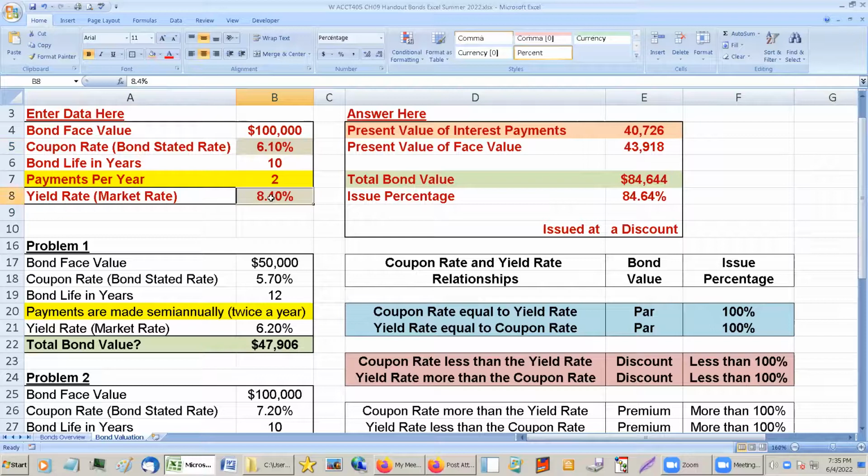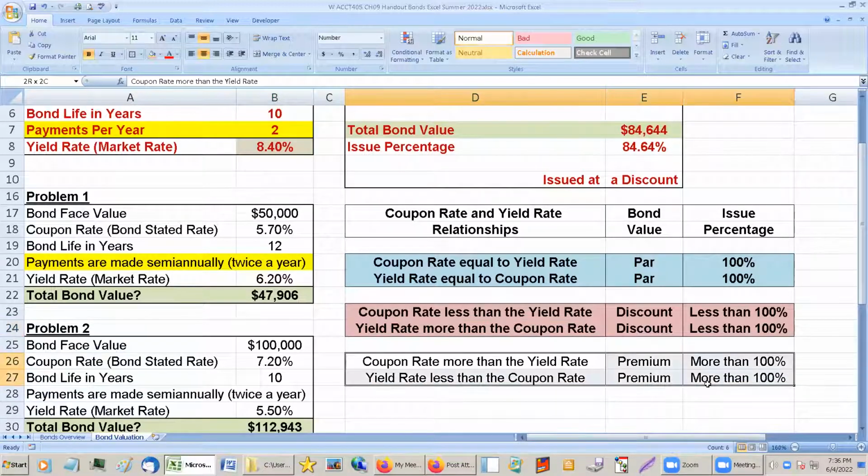So if the coupon rate is less than the yield rate, it'll be a discount. Here it is said the exact same thing said differently. If the yield rate is more than the coupon rate, it'll be a discount. So these two are actually exactly the same thing. A coupon rate less than a yield rate is exactly the same as a yield rate more than the coupon rate. And it follows through down here.